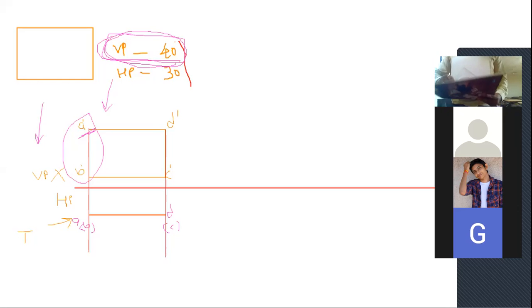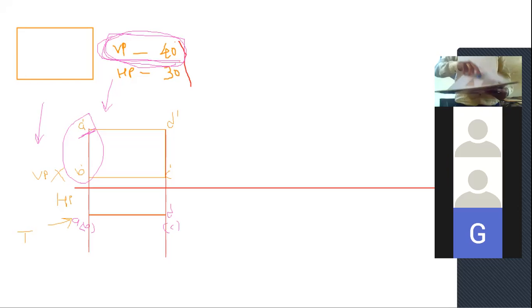Now it is like this. Tell me the orientation of this plane with respect to horizontal and vertical. Perpendicular to HP and parallel to VP. Everyone correct? Yes, sir.